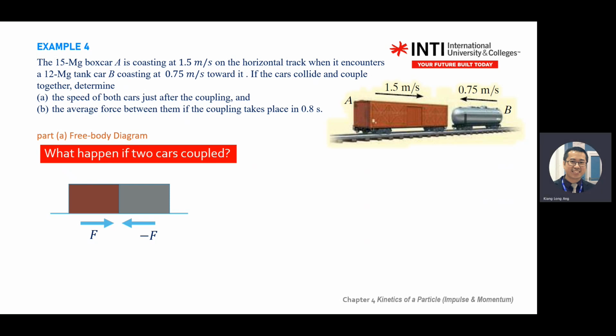So the force is pointing into the body of A. That's why you get negative F. We already defined the positive: to the right is positive, so you have a negative F. What is felt by B? B also the same. If you are B, B also feels the arrow pointing into object B. So the force is pointing to B, but positive, because all direction to the right is positive. Makes sense to you?